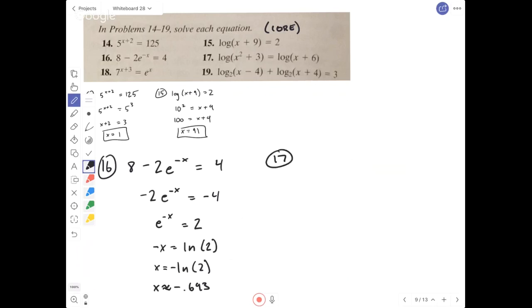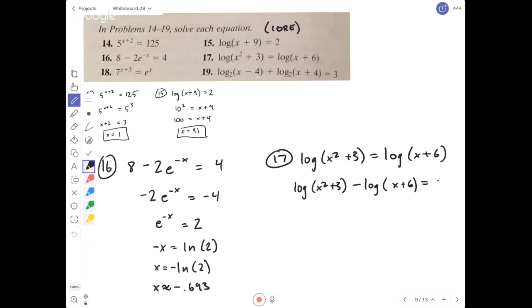17. Log of x squared plus 3 equals log of x plus 6, which means that log of x squared plus 3 minus log of x plus 6 equals 0, which means the difference of the logs is equal to the log of the quotient.